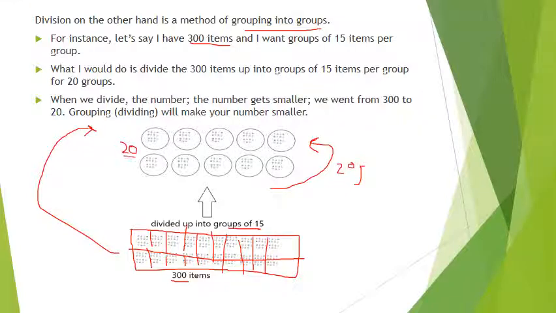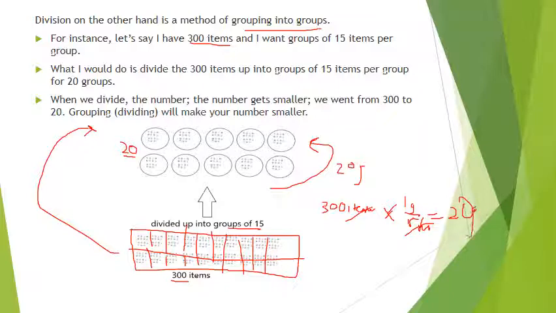Now, you could do this with dimensional analysis as well. You have 300 items, and your conversion factor is the grouping size. You have to do it the right way, so it would be 1 group over 15 items. Cross them out, and you end up with 20 groups.